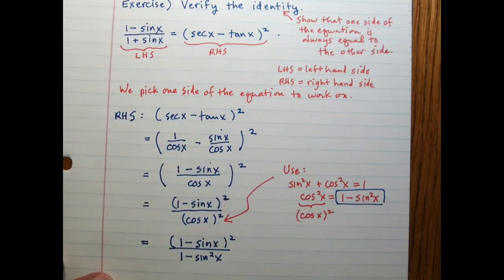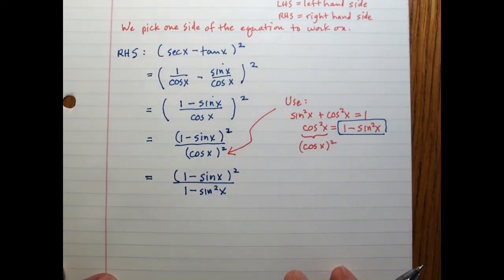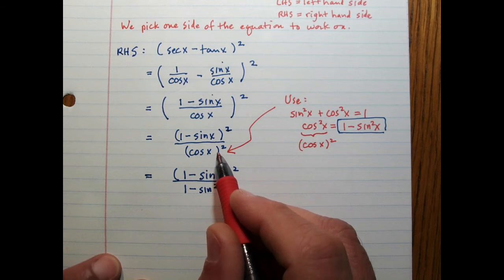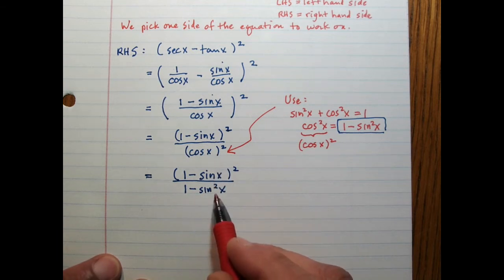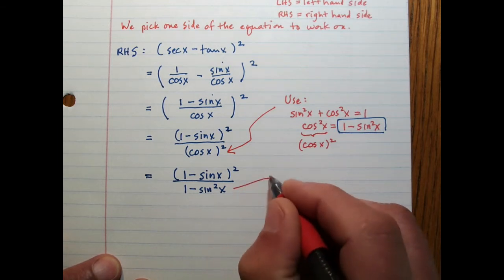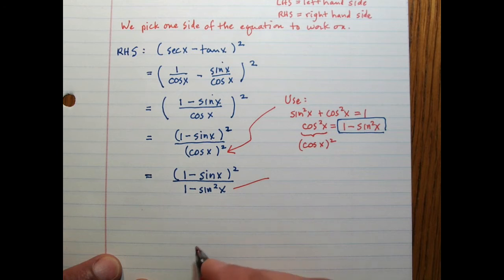So I guess that's one way to think of why this might have been a good move. So that was a very clever kind of change to make, where I replaced cosine squared x with 1 minus sine squared x. I'm going to make another change here that involves thinking about factoring.